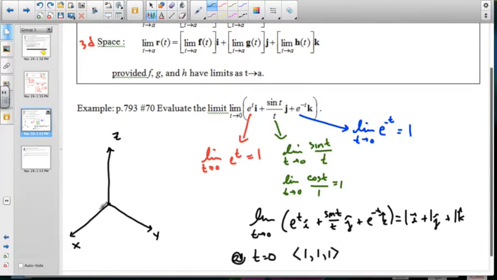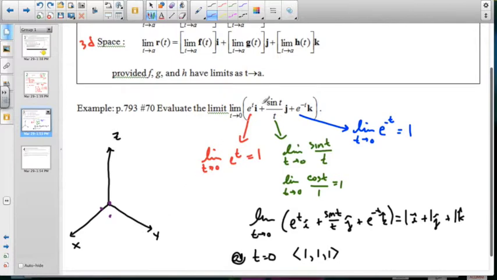So where is 1, 1, 1? It's over 1, it's out 1, and it's up 1. It's a little hard to see on this grid, but this value is approaching that portion where we're out and over and up, kind of floating here in that first quadrant, so to speak.